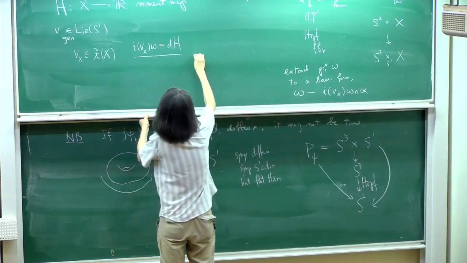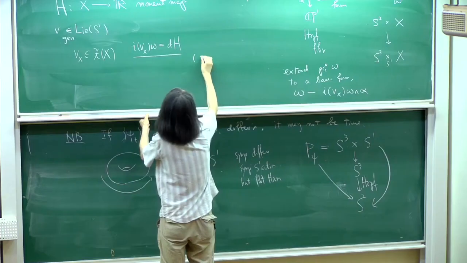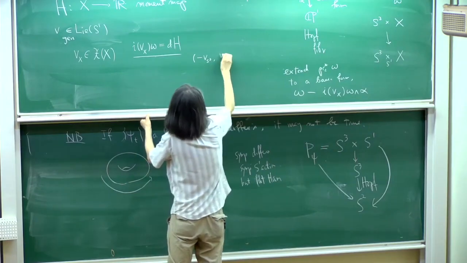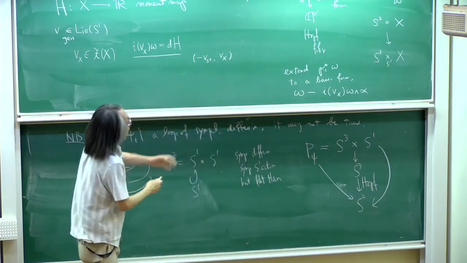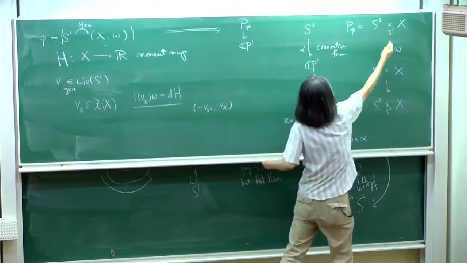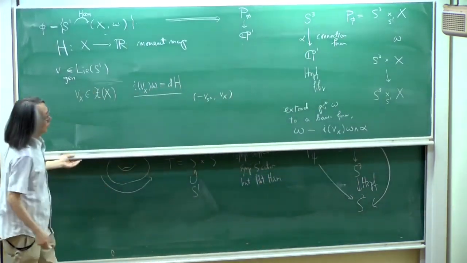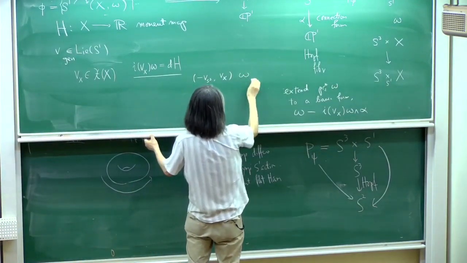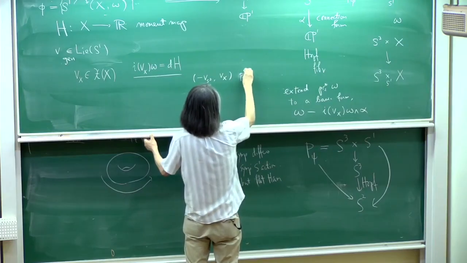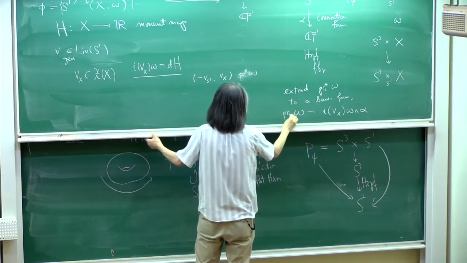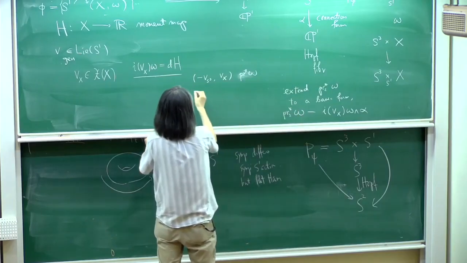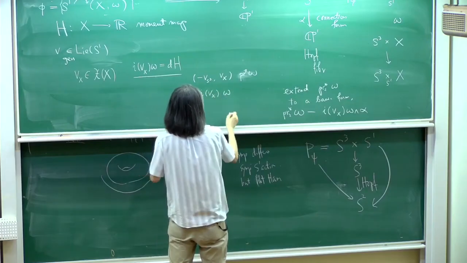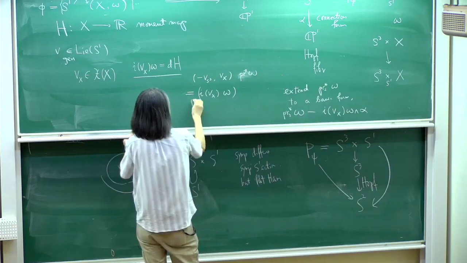So here I have an action like minus of v of S3, and here I consider Vx. So this is a generator of this diagonal action, and if I plug in this, then I have only this. So this one is equal to i of Vx of omega, and then pulled back by this.